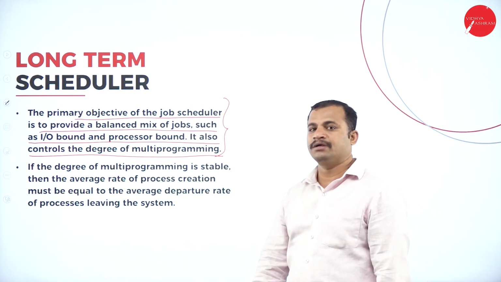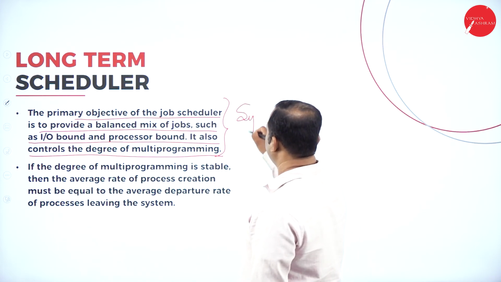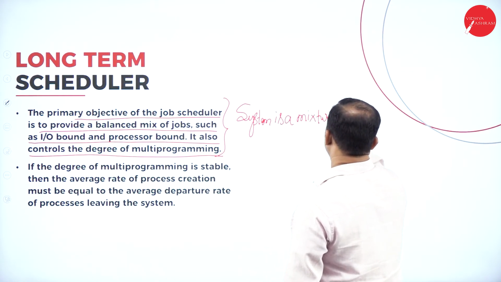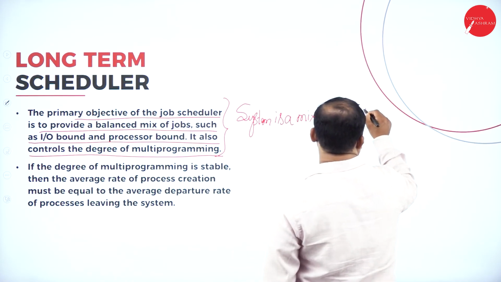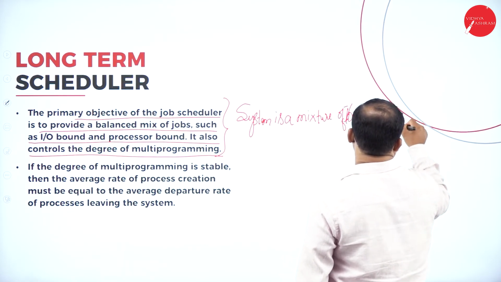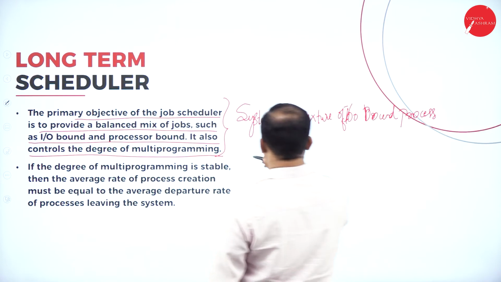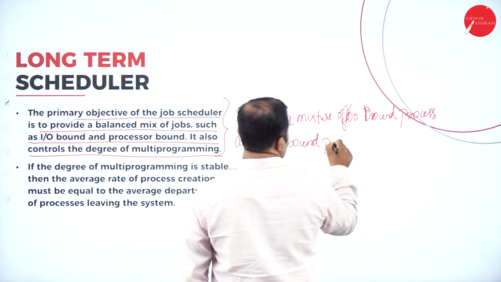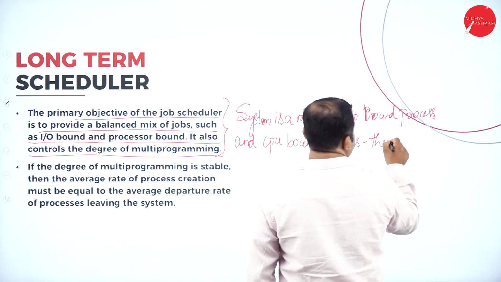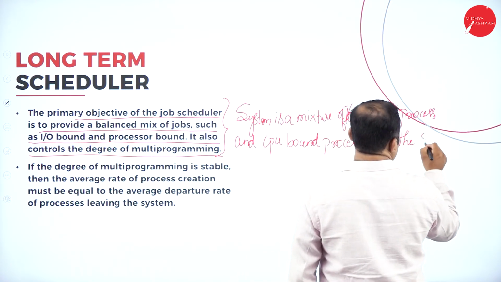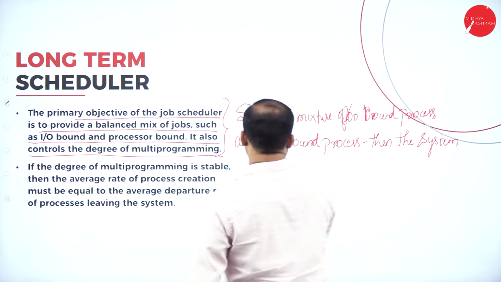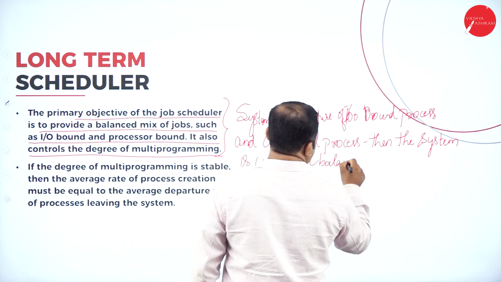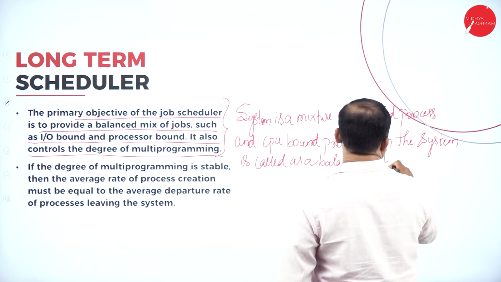This point is very, very important, because if the system is a mixture of IO bound processes and CPU bound processes, then the system is called a balanced system.